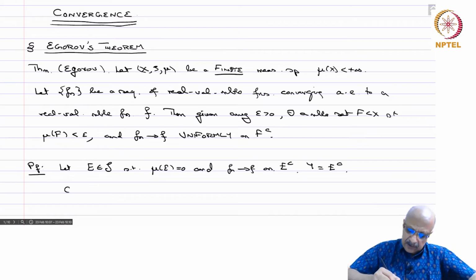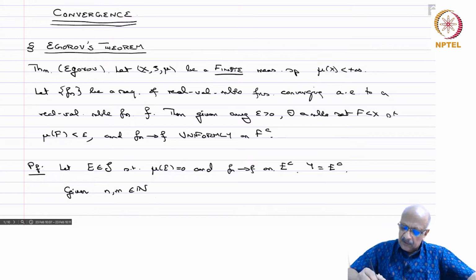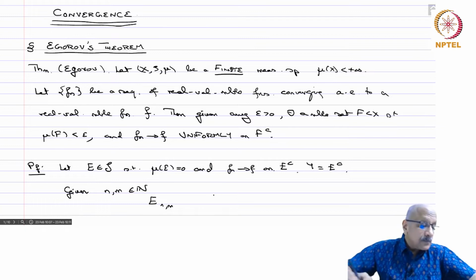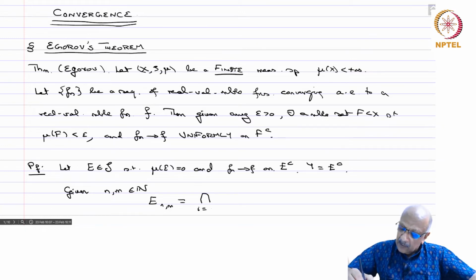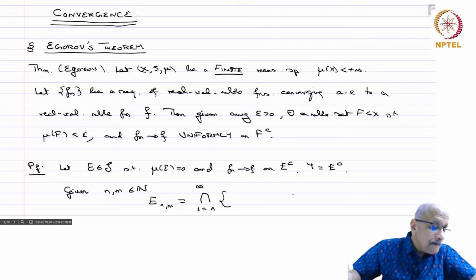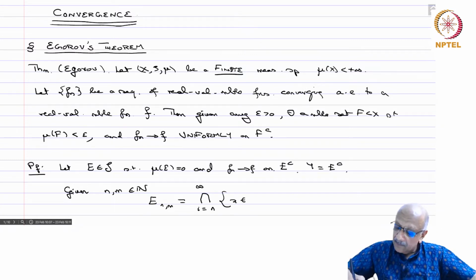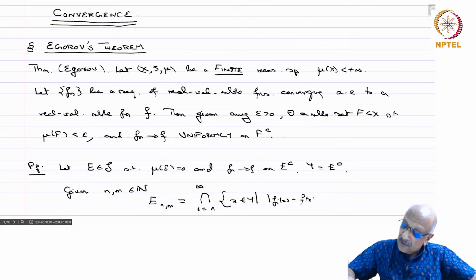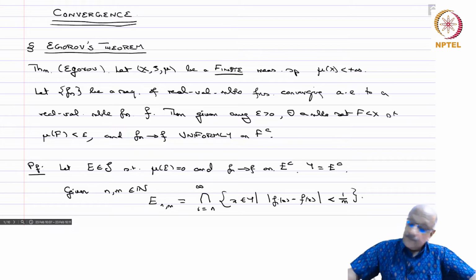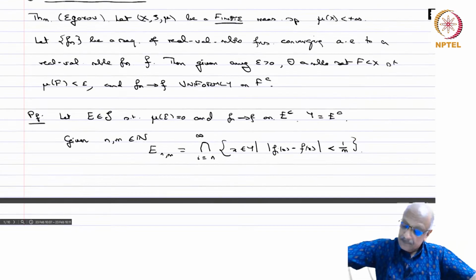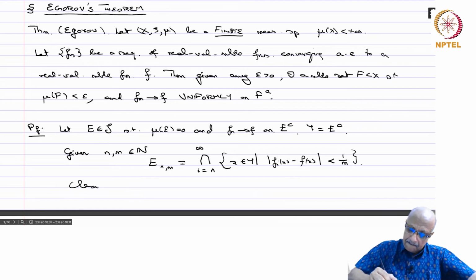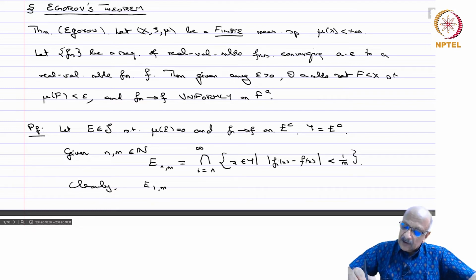Then given n, m positive integers, you define E_{n,m} equals the intersection over i equals n to infinity of {x in Y such that |f_i(x) minus f(x)| is less than 1 by m}. Clearly, if m is fixed, you are taking the intersection from n to infinity.